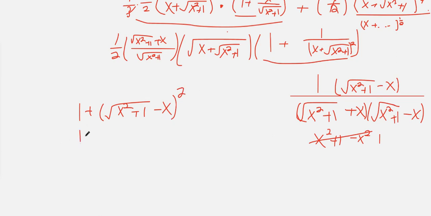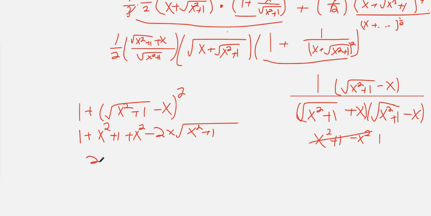Now we can just expand this, right? So we have 1 plus x squared plus 1, plus x squared. I just like to write the squared terms first. Minus 2x times the square root of x squared plus 1. And now we can group these terms together.